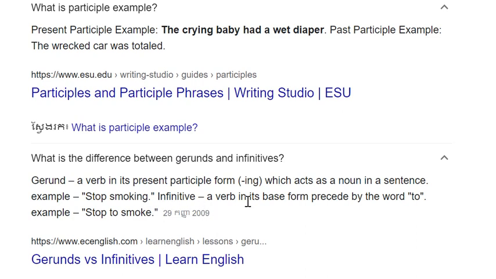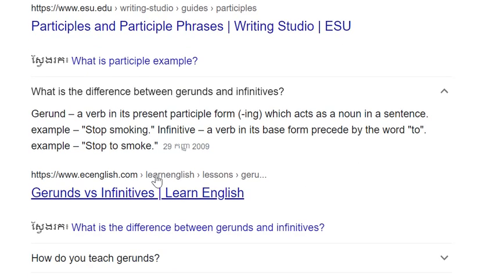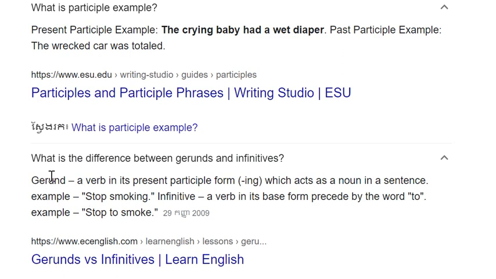Infinitive is a verb in its base form, preceded by to. Example: stop to smoke. So that is the difference between gerund and infinitive. Gerund has ing, but infinitive has to. So we are different like this.